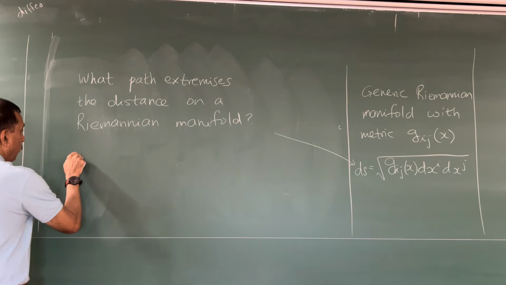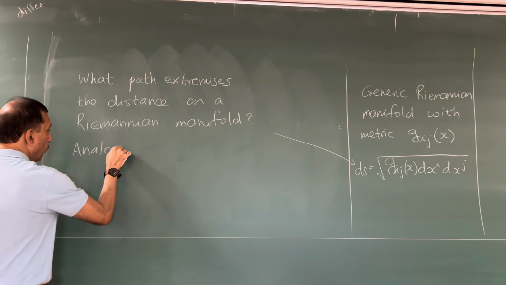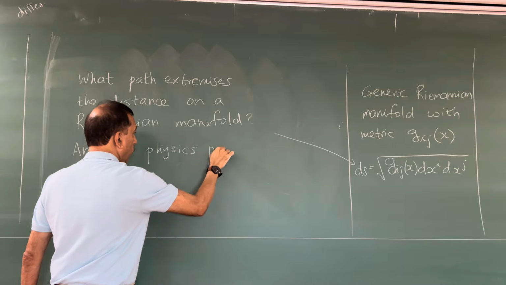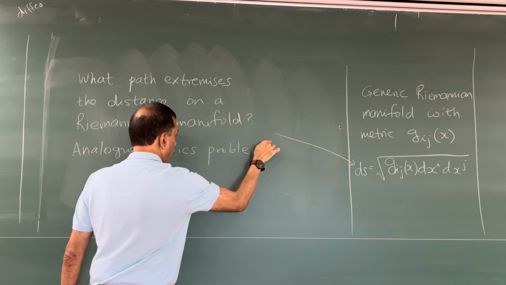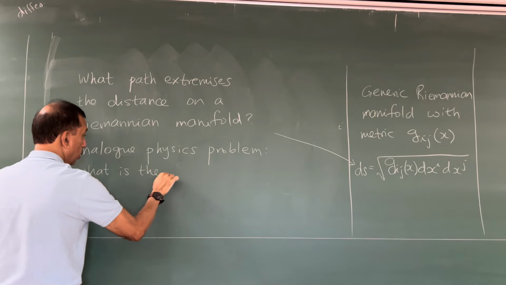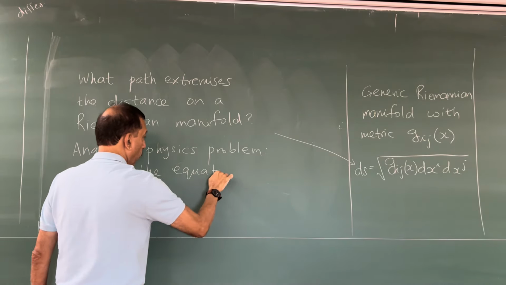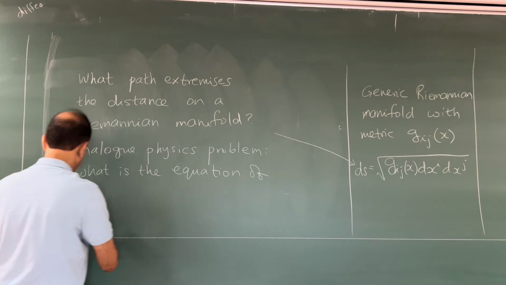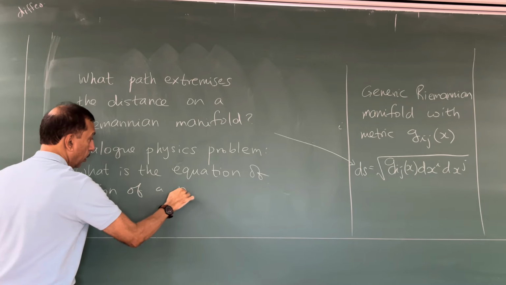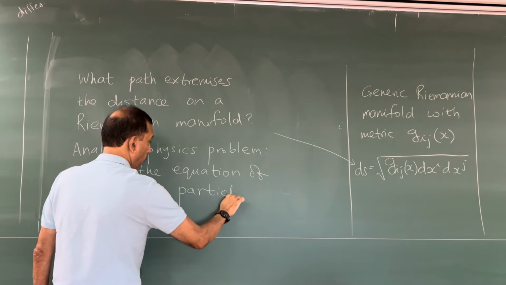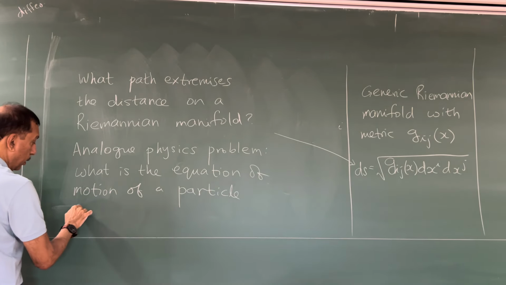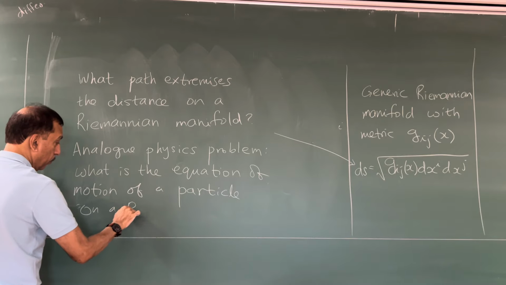And the analog physics problem: what is the equation of motion of a particle constrained to move on a Riemannian manifold. So yeah, just on a Riemannian manifold.